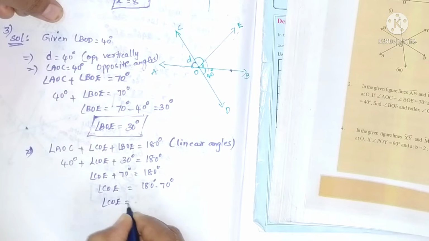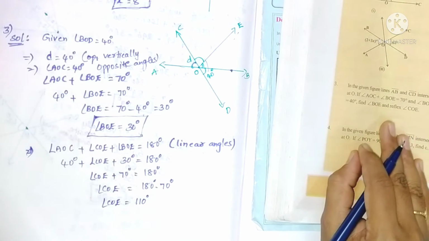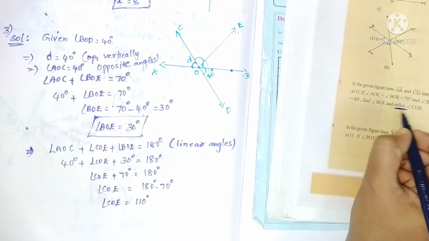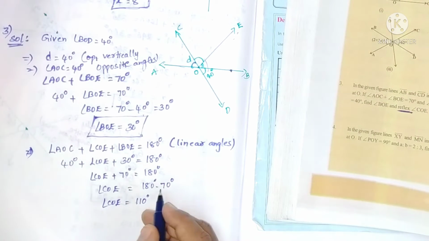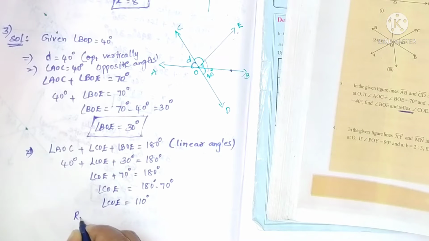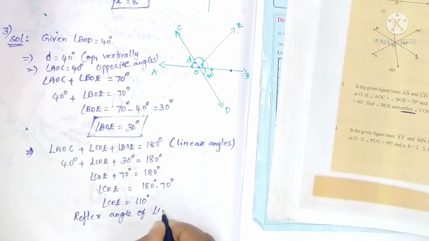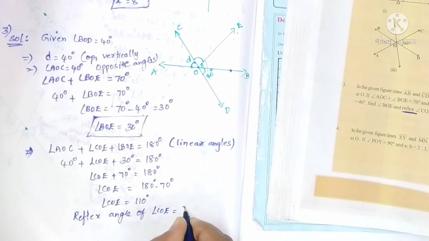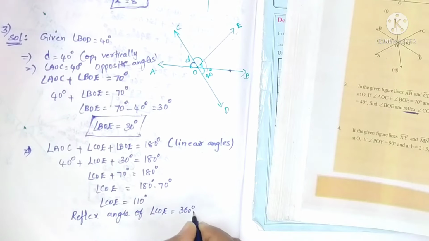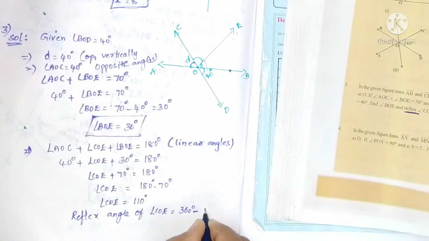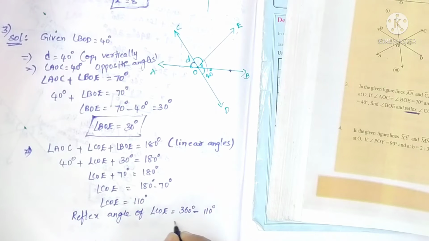It is 110 degrees. But in the problem they are asking reflex angle COE. So reflex angle COE is equal to 360 minus 110. What is 360 minus 110? It is 250.